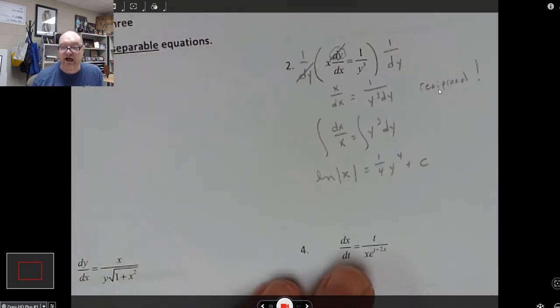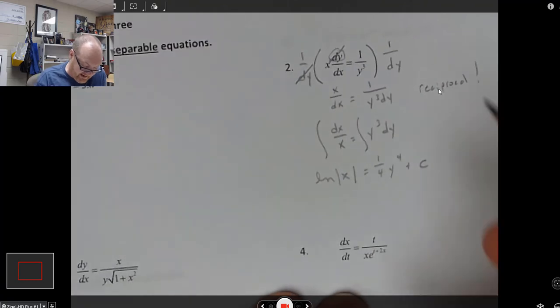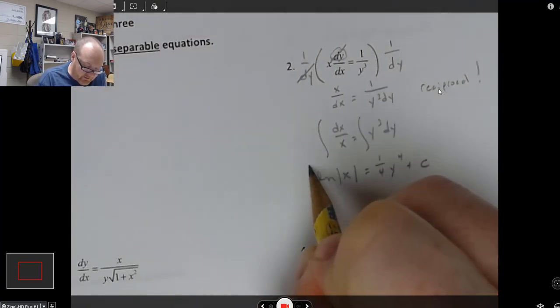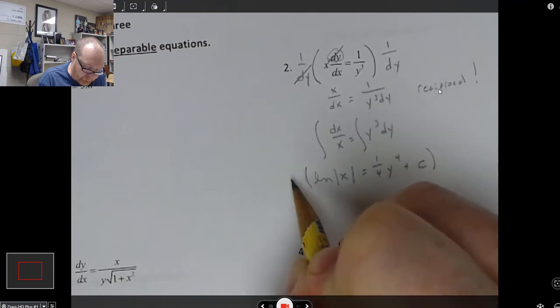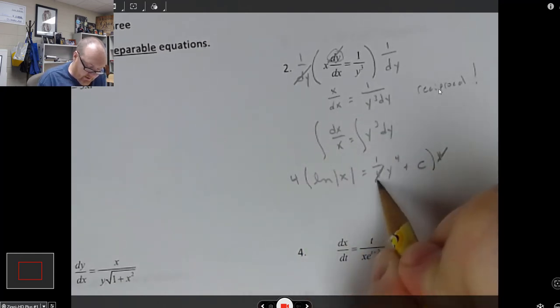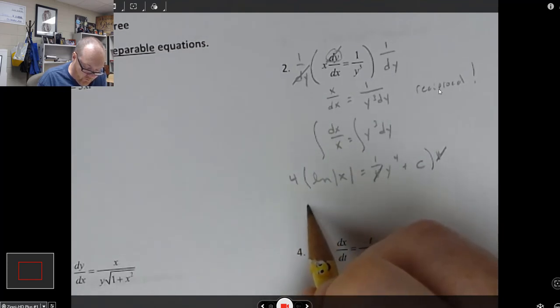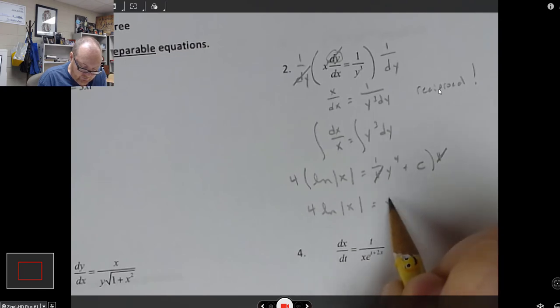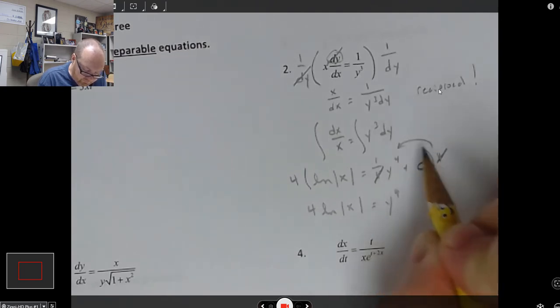Please know on your test, I'll give you credit for any correct valid answer. But let me get rid of this 1/4 by multiplying both sides by 4. So this becomes 4 times the natural log of x equal to y to the 4th.